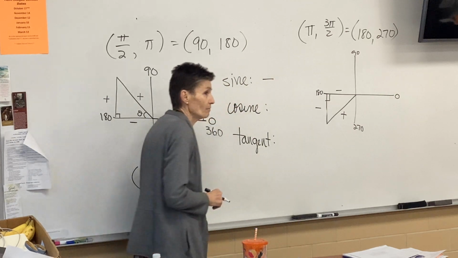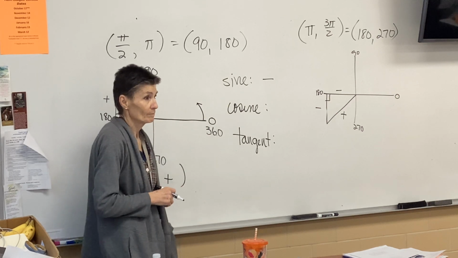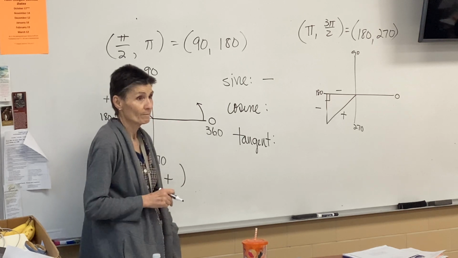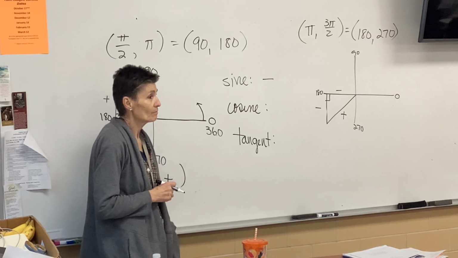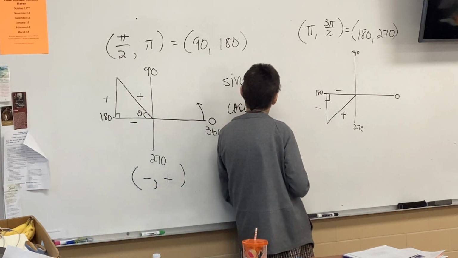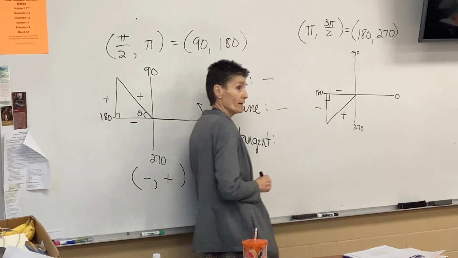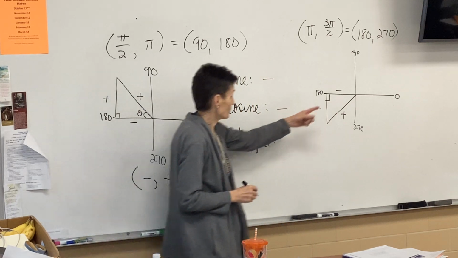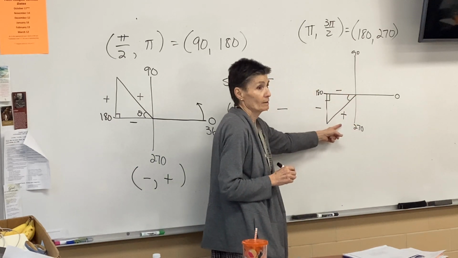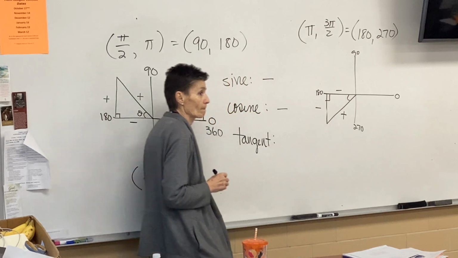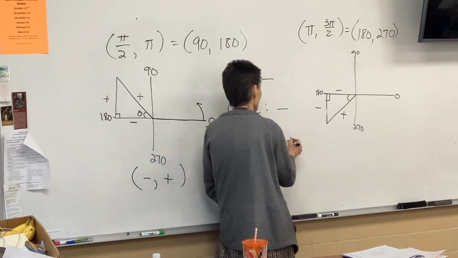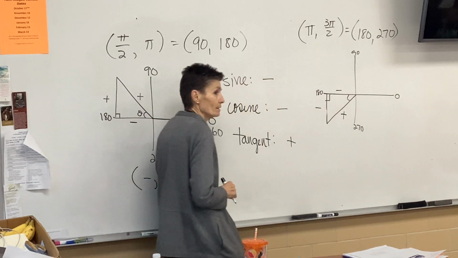Why is the sine negative? Because y is negative. Sine is y over r. Opposite side's negative. How about cosine? Isn't cosine also negative? Is cosine adjacent? Remember, this is your angle. Adjacent over hypotenuse? What about tangent? Positive, because it's negative over negative.